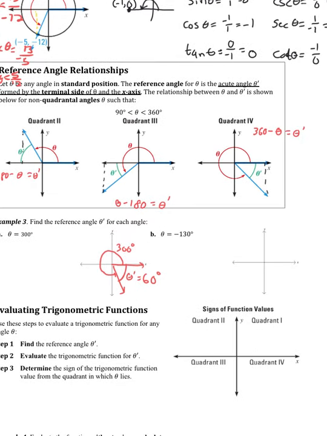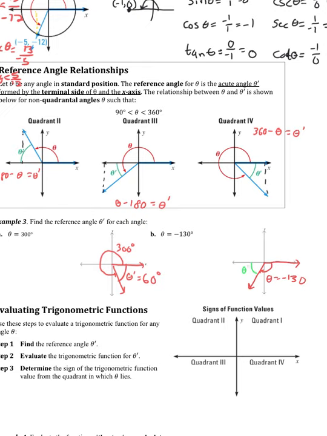And this last one is -130 degrees here. So this is where we would go the opposite direction because it's a negative sign. So we go past -90. -130 is going to be somewhere over here. Reference angle is going to be right here, theta prime.